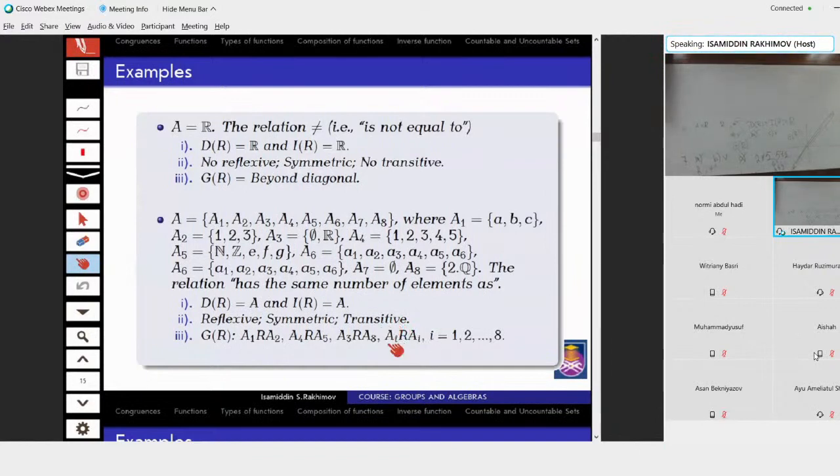So AI, AI means reflexivity. Since it is reflexive, domain is A, and the same range also is A.